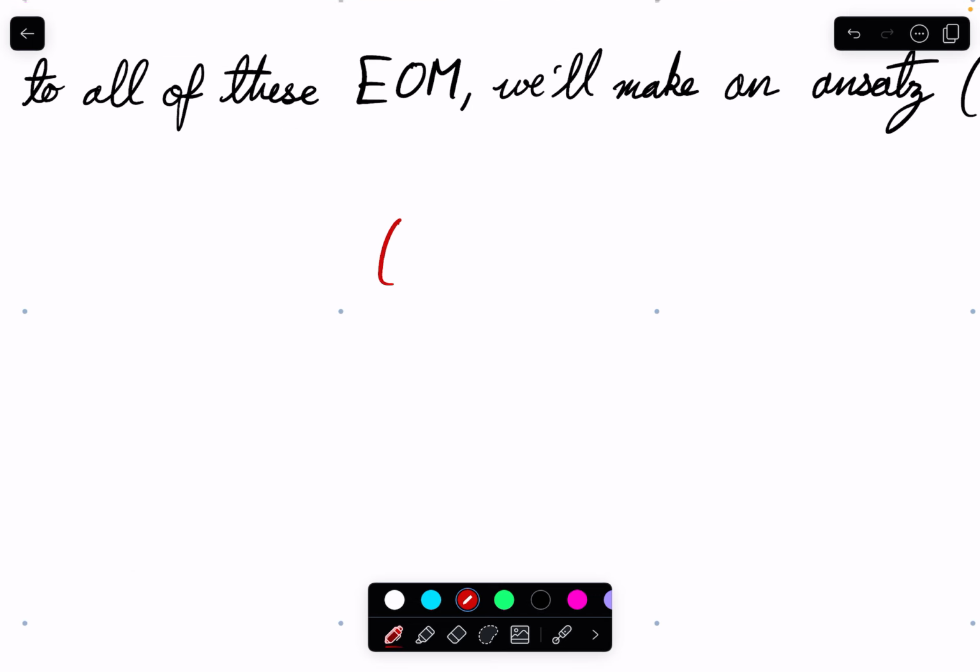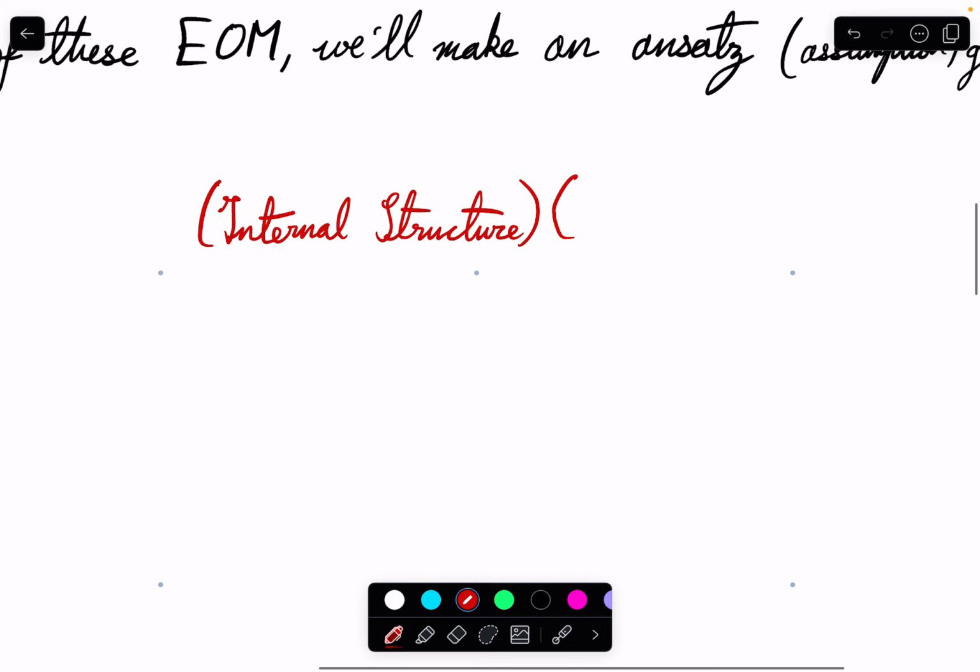that you have internal structure times spacetime structure.